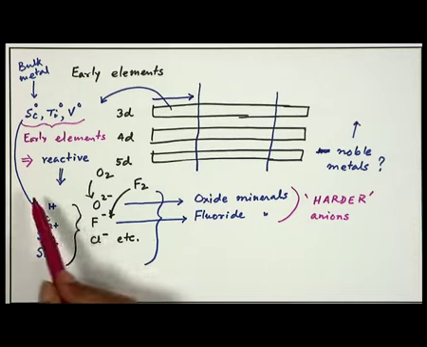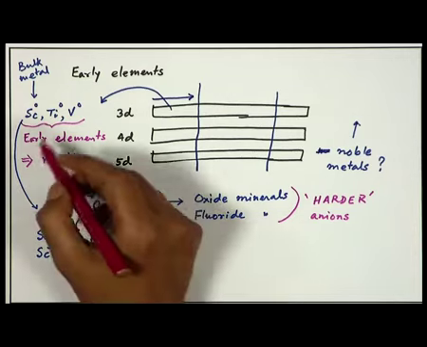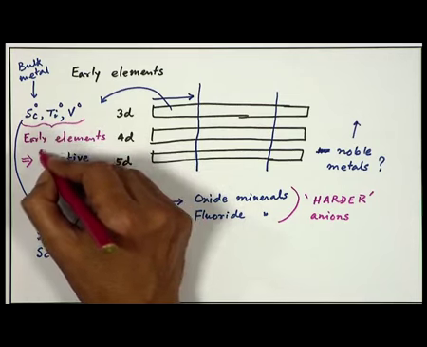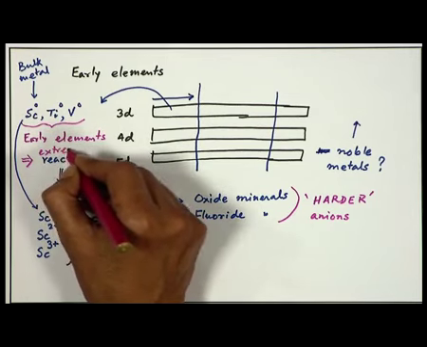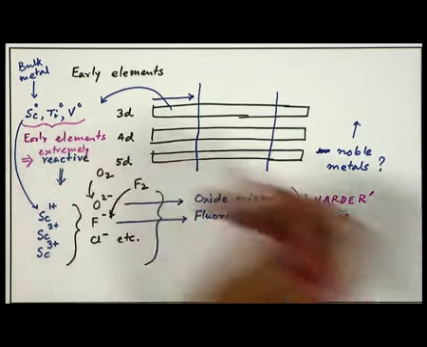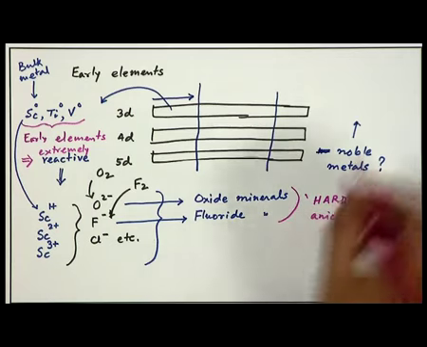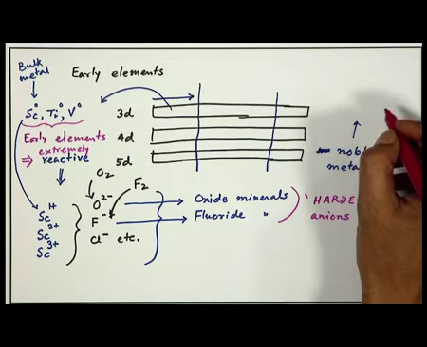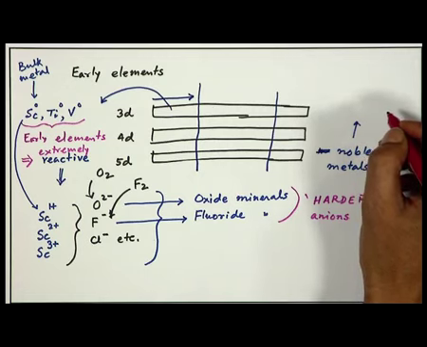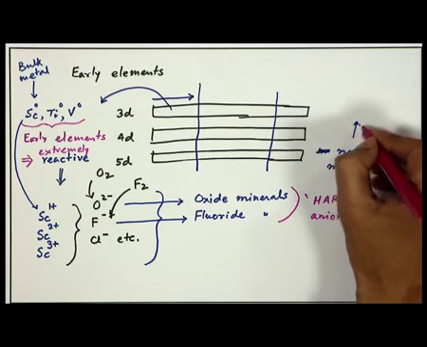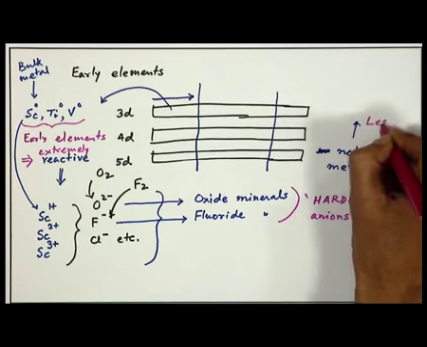Since we are talking about reactivity, the early ones are extremely reactive or highly reactive, which is also a thermodynamic property. So, the thermodynamic quantity, which is the reactivity towards oxygen or towards fluorine, will also tell us that these noble metals are less reactive.